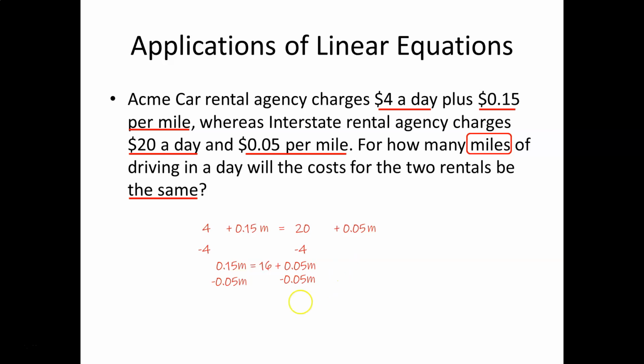I used m for miles. Then we're left with 0.10 m equals 16. We divide on both sides, and we end up with m equals 160. Then we have to phrase it, see if it makes sense. At 160 miles, the cost for the two rentals will be the same.